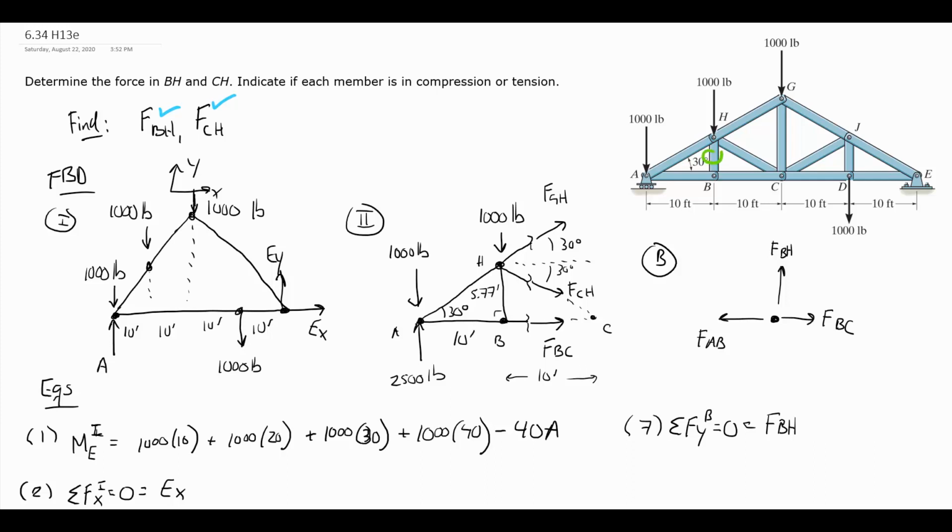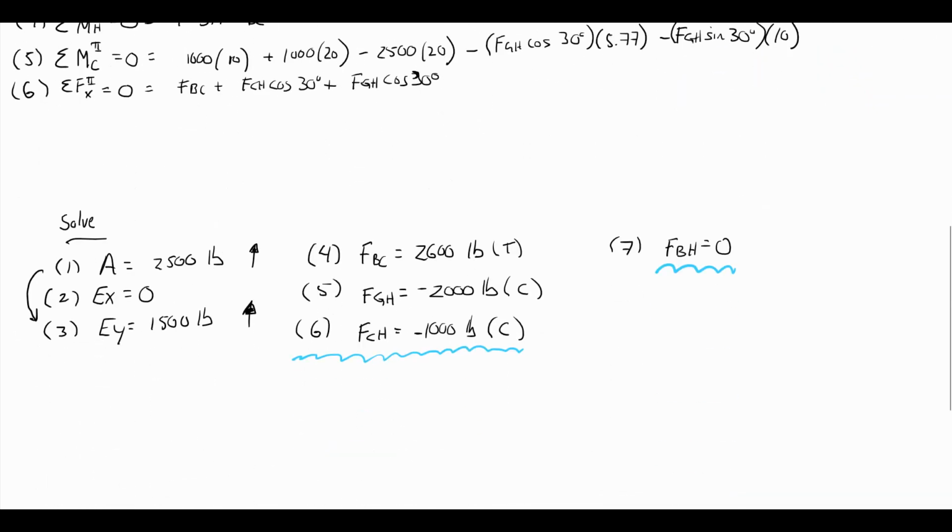So by inspection, BH has to be a zero force member because its force has a direction all to itself from the perspective of B. So by inspection, and as we saw by actually drawing the free body diagram at B, BH does turn out to be a zero force member. So in the end, we found CH and BH. CH was a compressive 1,000 pounds, and BH was a zero force member.